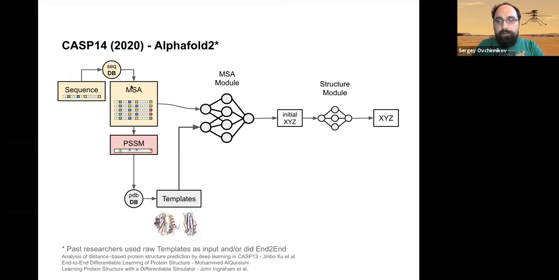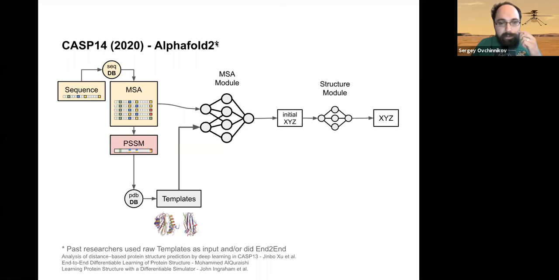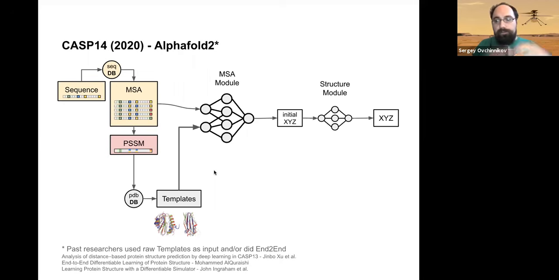You have a multiple sequence alignment and templates, feed them into an MSA module, get some initial coordinates, and then refine these coordinates using a structure module. Once again, I have a little asterisk here because people were experimenting with using templates as input to neural networks, and with training these models end to end. These ideas had been floating around, even using attention on multiple sequence alignments.